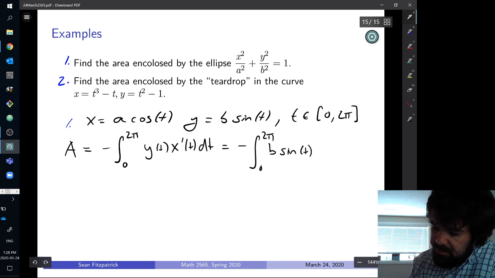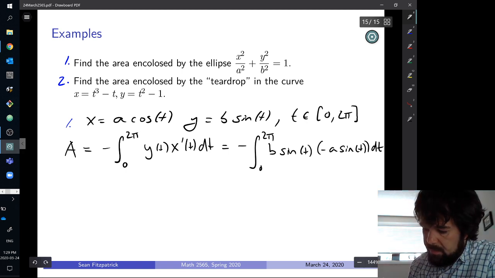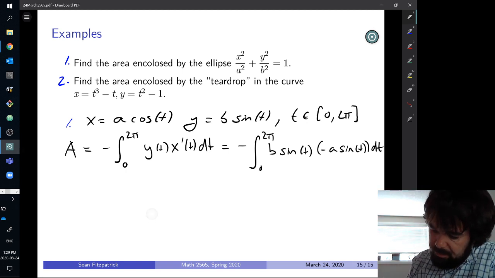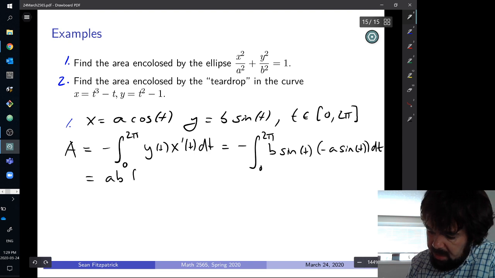Now the derivative for x, x prime, is going to be minus a sine t dt, right? So double negative, positive, we get ab times the integral from 0 to 2 pi of sine squared t dt.